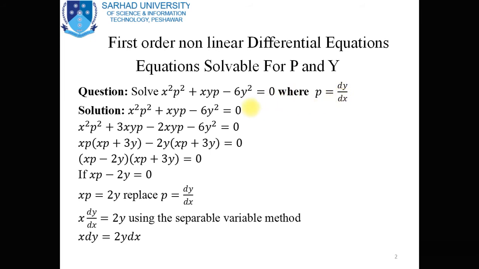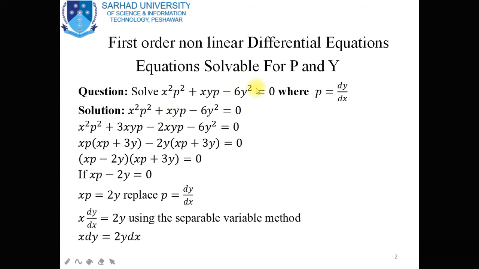First of all, when the equation is solvable for p, for example, x square p square plus xyp minus 6y square is equal to 0. This is a non-linear first order differential equation, where p is equal to dy by dx.